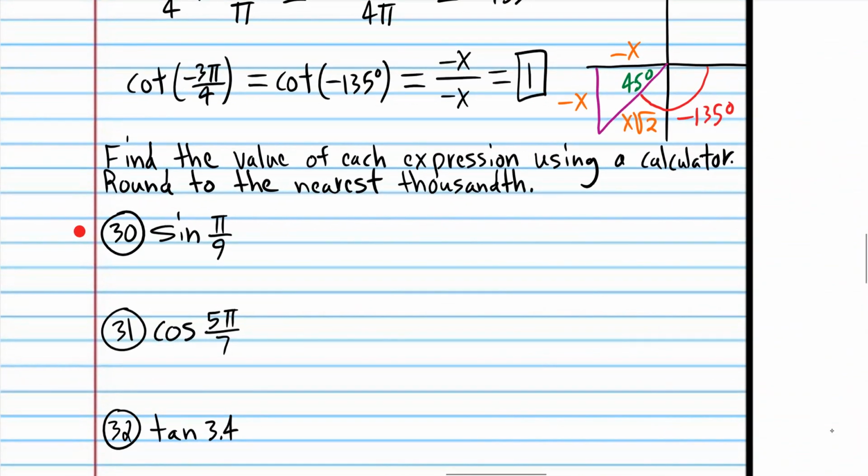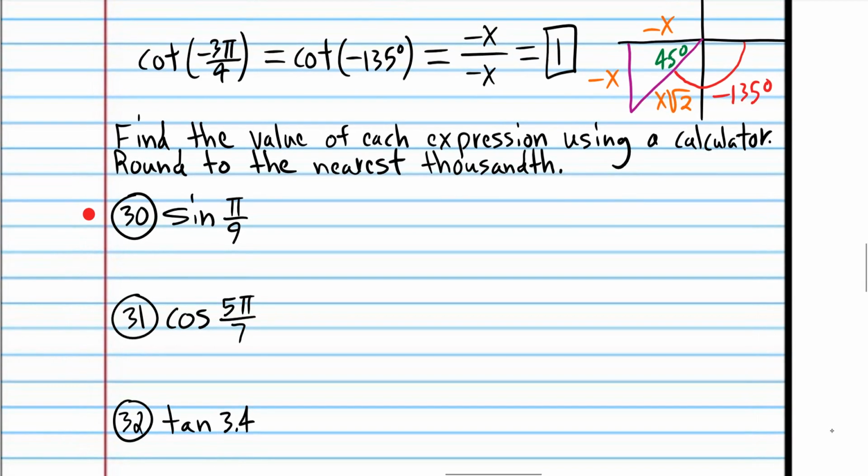So if you got that right, perfect. So now we're going to find the values of expressions using a calculator, because these angle measures are not special angle measures. Special angle measures are pi over 4, which is 45 degrees, pi over 3, which is 60 degrees, pi over 6, which is 30 degrees, or multiples of those angle measures. Pi over 2 is 90, pi is 180, and so on and so forth. 2 pi is 360.